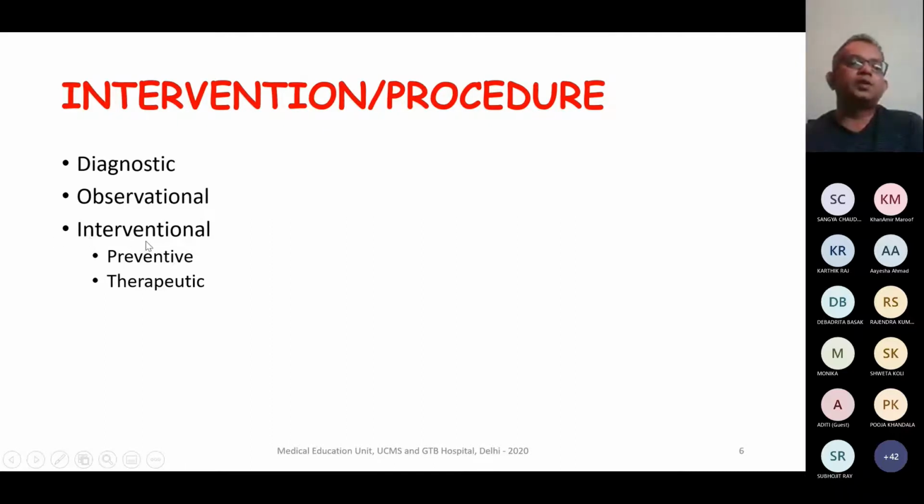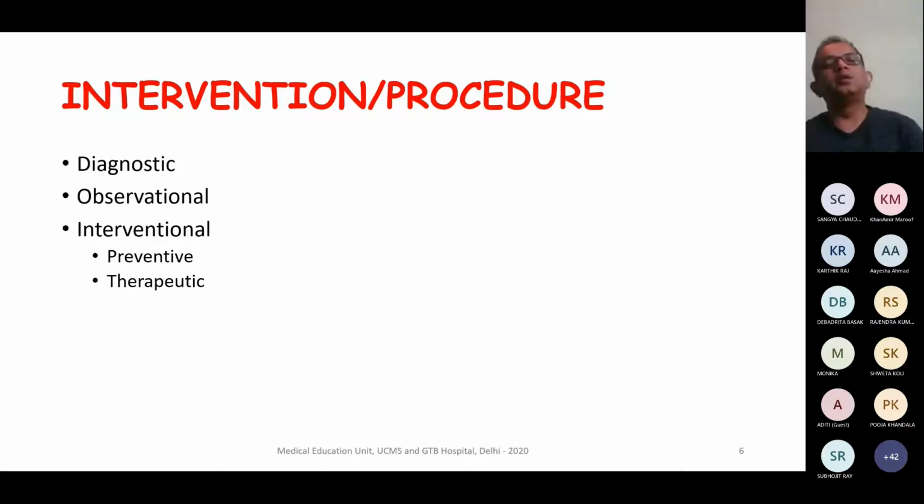Sometimes it can be interventional, which is very rare in an MD thesis; a drug trial is not usually done. But sometimes we actually do. It can be preventive, like you can administer some vitamin and follow up the patient, or like the example you saw in myocardial infarction, the DASH diet, and whether it is reducing the incidence.